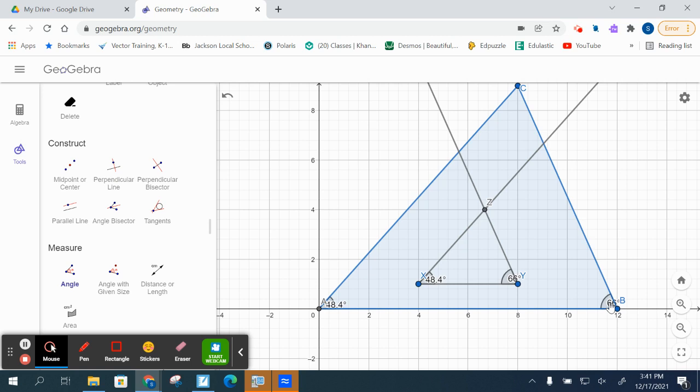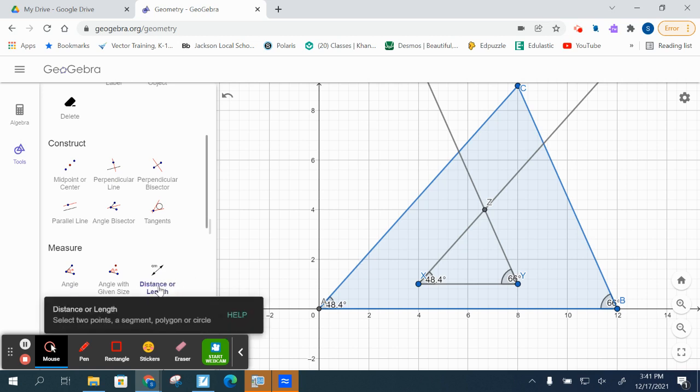But it also says in the description for part B, what else do you need to prove that the triangles are similar? Well, you need to check that their sides are proportional. Then it says to use the measure tool to show that the triangles are similar by comparing the ratio of the corresponding sides. So you click on the distance or length tool, and then you just measure the distances.